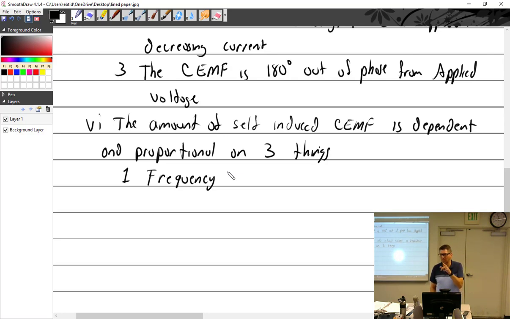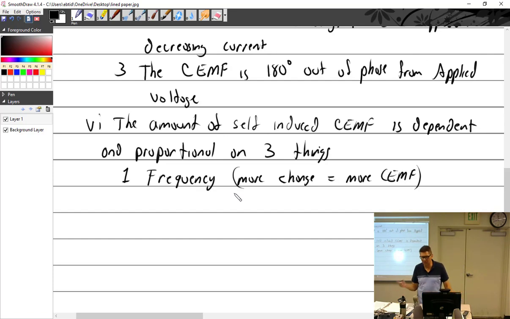More change equals more EMF, so therefore frequency, more change equals more EMF. Or counter EMF. Right? So the higher the frequency, the faster things are going to change.